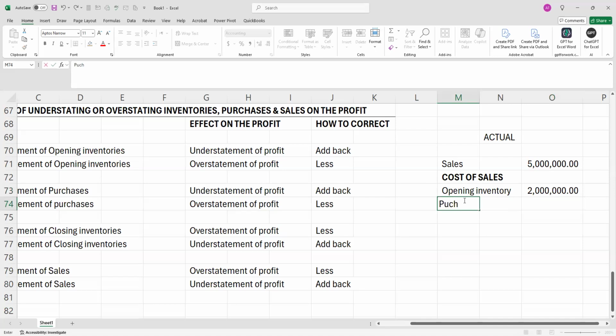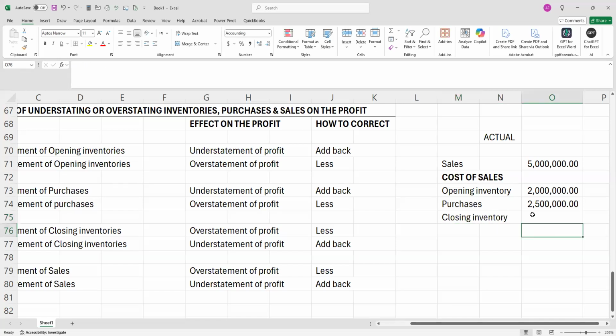Purchases, you can take, say like 2.5. Then closing inventory, say like 1.5.